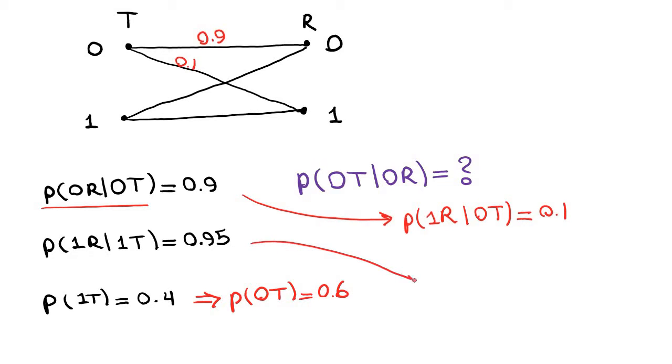In a similar way, we had probability of receiving 1 while transferring 1 as 0.95. So probability of receiving 0 while transferring 1 equals 0.05.